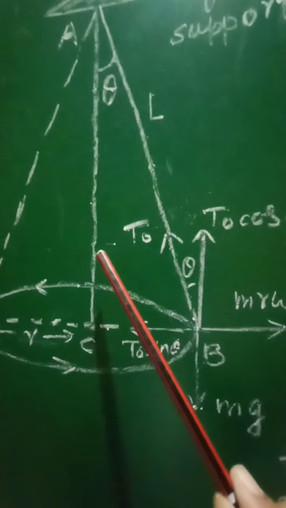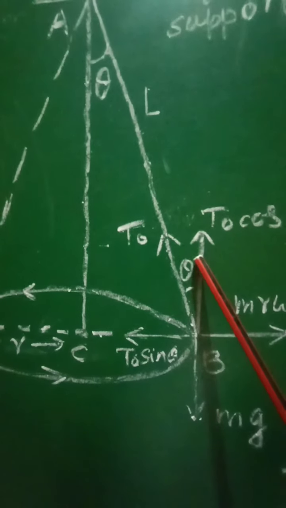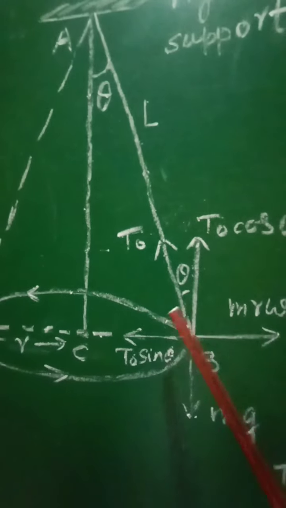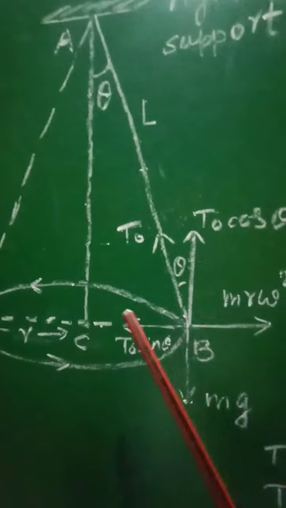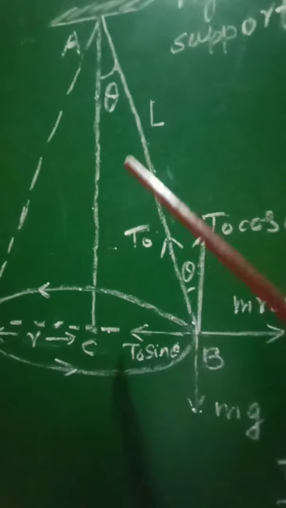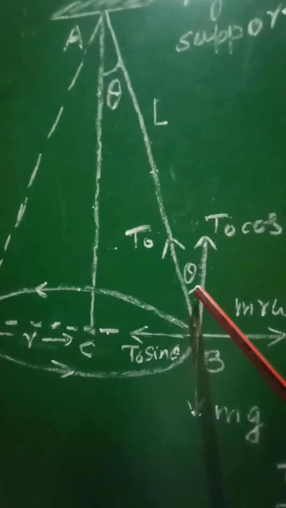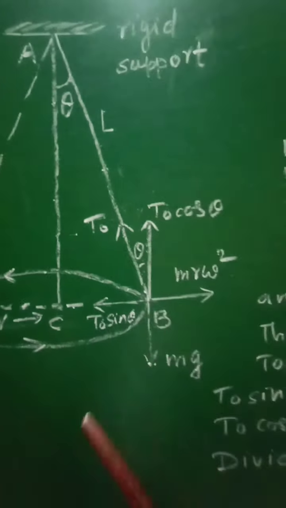Now this vertical will be parallel to this force. When it is resolved, these two lines will be parallel and this will be the intersection of these two lines, and therefore as this angle is theta, this angle will be theta because it is alternate angles.